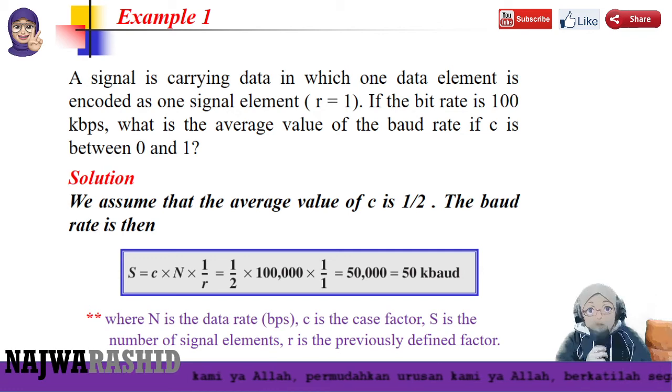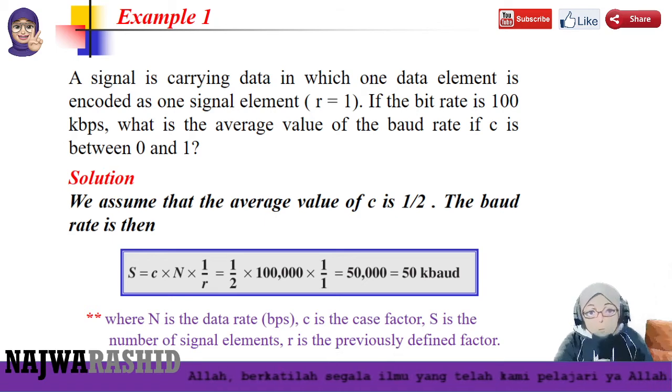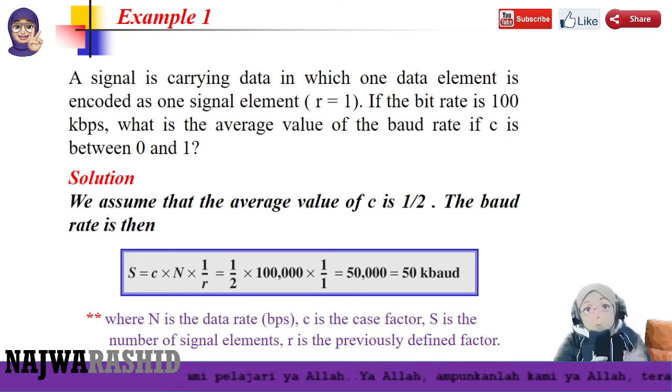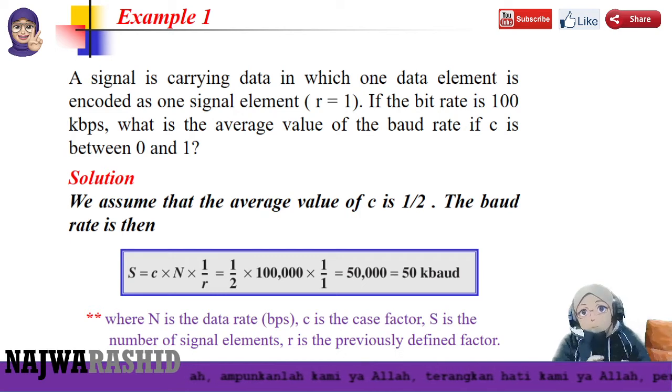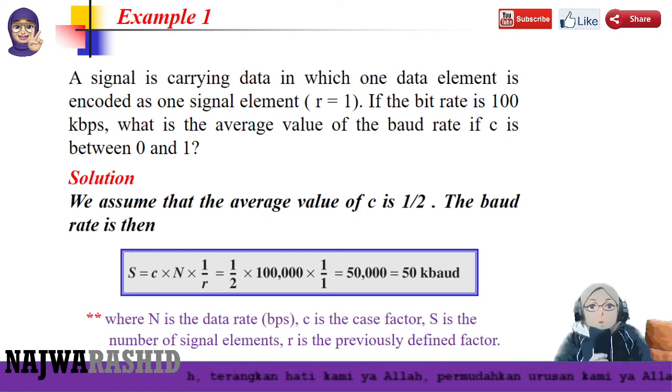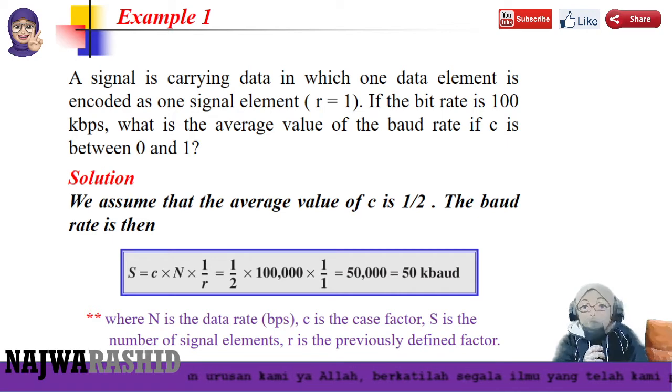Example number 1. A signal is carrying data in which one data element is encoded as one signal element. So that means we have one data element and we also have one signal element. Based on that fact, we know that R is equal to 1. If the bit rate is 100 kilobit per second, what is the average value of the baud rate?